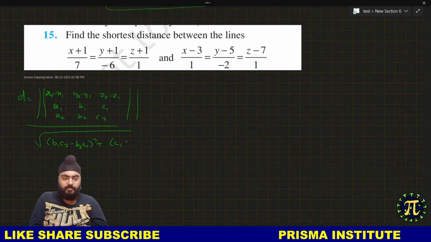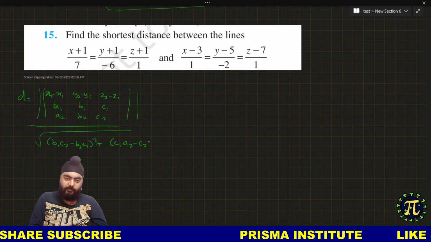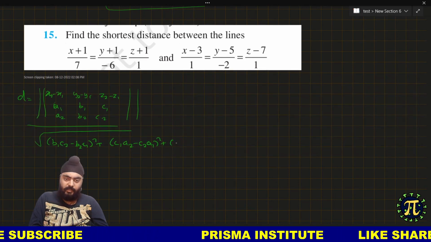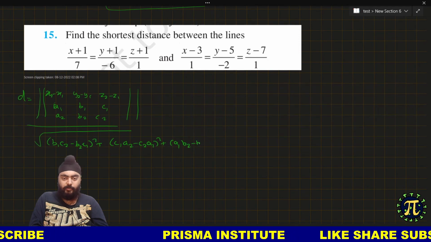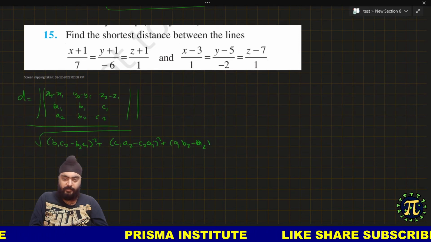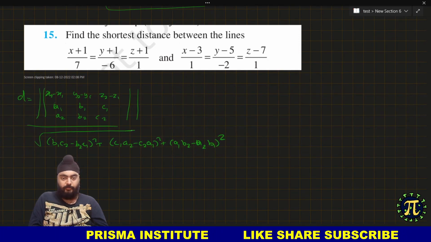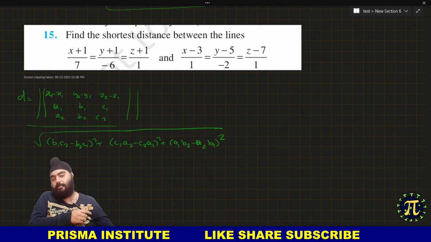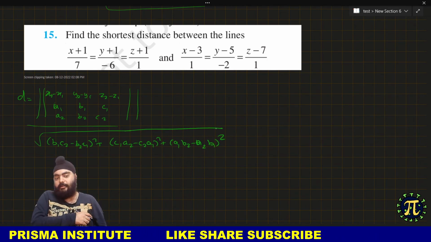So c1 a2 minus c2 a1 squared plus a1 b2 minus a2 b1 squared. So if you want to, you can remember this formula, but let's say we don't, right?